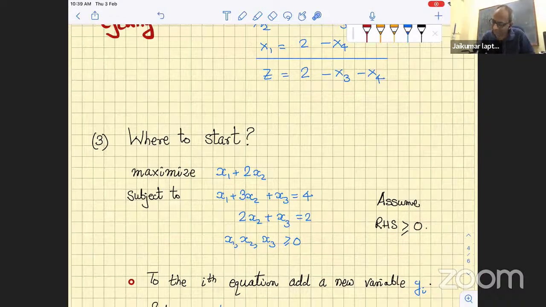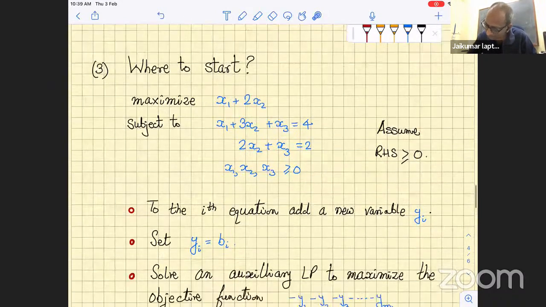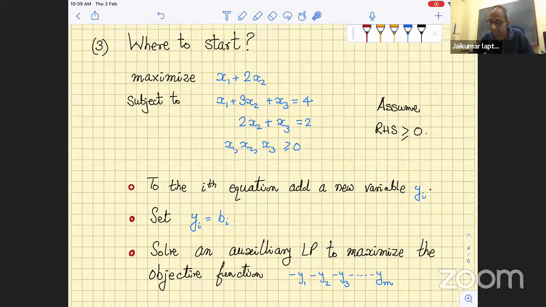So now I finally come to Srijato's question. Where to start? How do we even start? You may not always have a starting point.